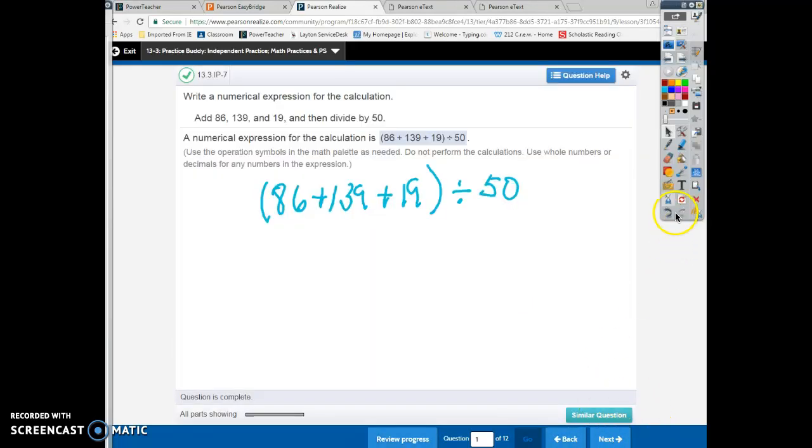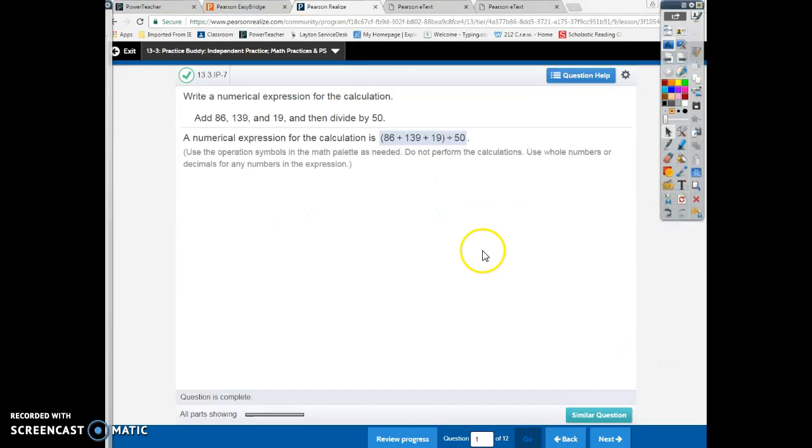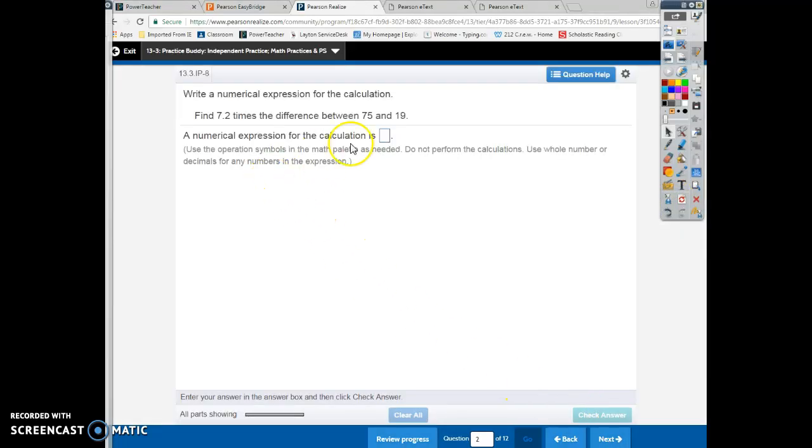Let's go to another one. So let's erase this because the last time I didn't erase it and I think it made a big mistake. Now it says write a numerical expression, find 7.2 times the difference between 75 and 19. I usually try and start these by writing it out kind of like it is. So I want to do 7.2 times the difference between 75 minus 19.